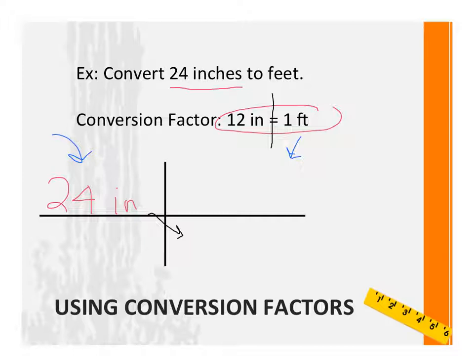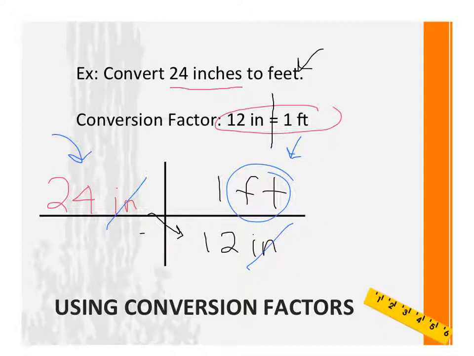We don't want our answer in inches, we want our answer in feet. So we need to cancel out inches. So I'm going to write this conversion factor as 12 inches is equal to 1 foot. This allows me to cancel out inches, which will leave me with an answer with the unit feet.